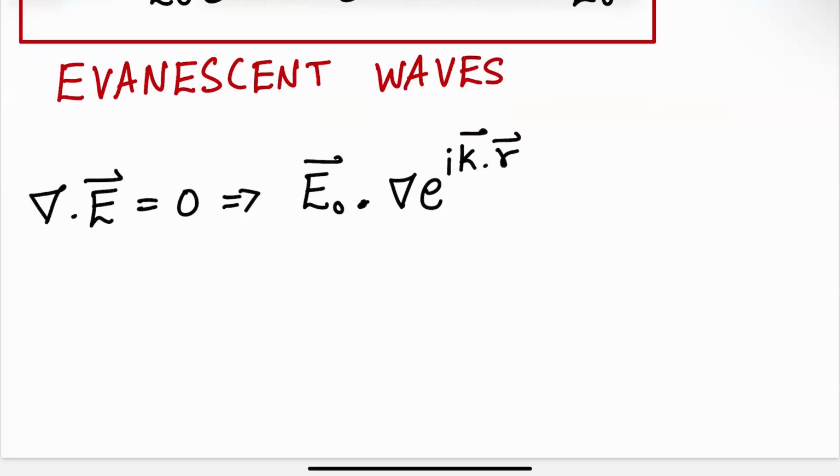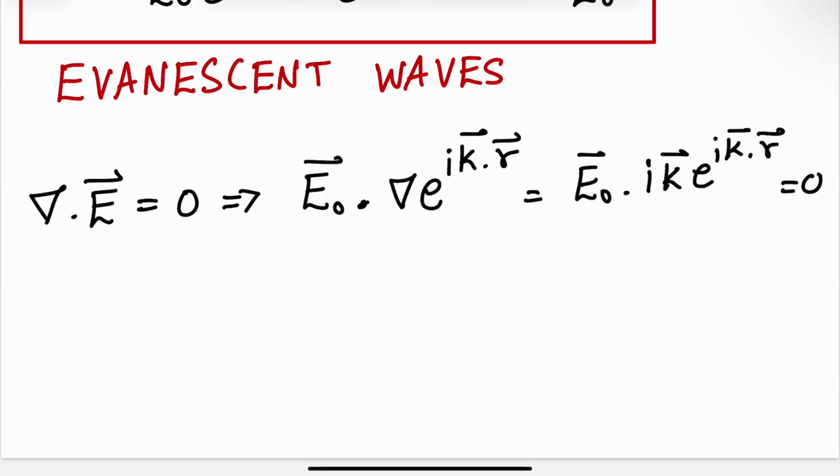That comes from your vector identity for the divergence of a vector times a scalar, where the vector is E naught and the scalar is e to the i k dot r. And this becomes E naught dotted with i k e to the i k dot r. And this is 0 from Maxwell's equations, which means E naught dot k must be 0.